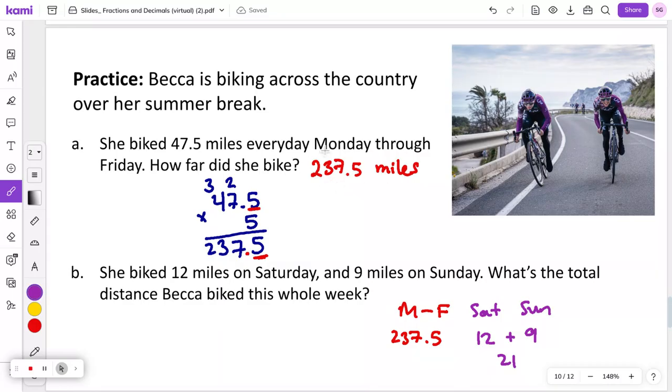So I need to add in the Monday through Friday amount, 237.5, plus what she did on the weekend. And we learned if you're going to add 21, that has to go under the whole numbers. So that would go right here, and then I can just say 0.0. So our total for Becca for the entire week would be 258.5 miles. I'm tired just thinking about that.